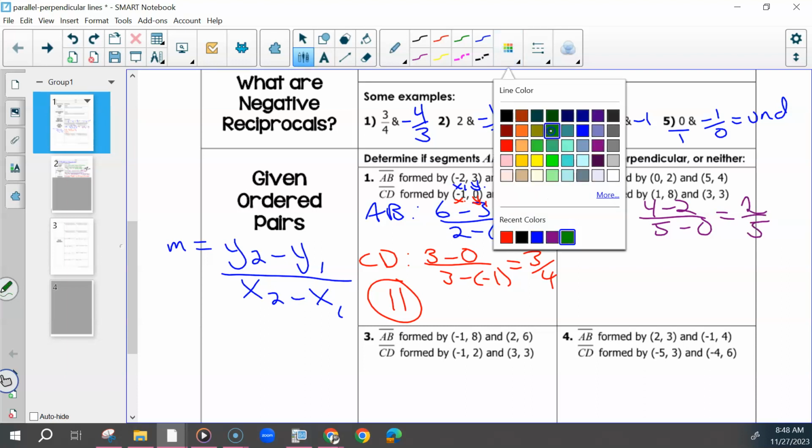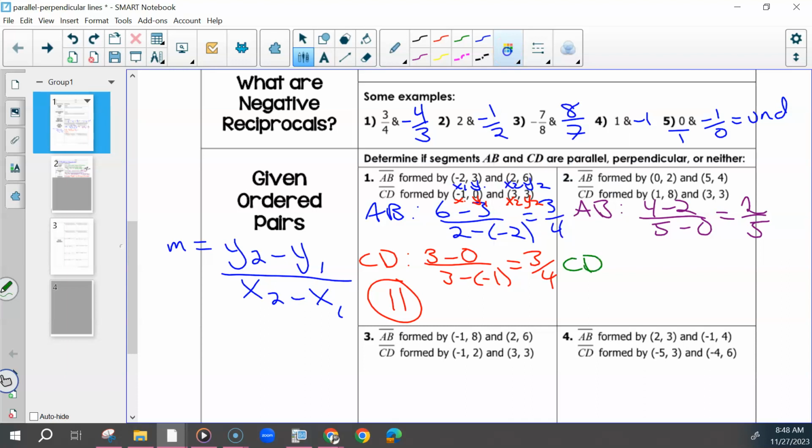And if we're looking for the slope of CD, we have 3 minus 8 over 3 minus 1, which would give us negative 5/2. Would these be parallel, perpendicular, or neither?